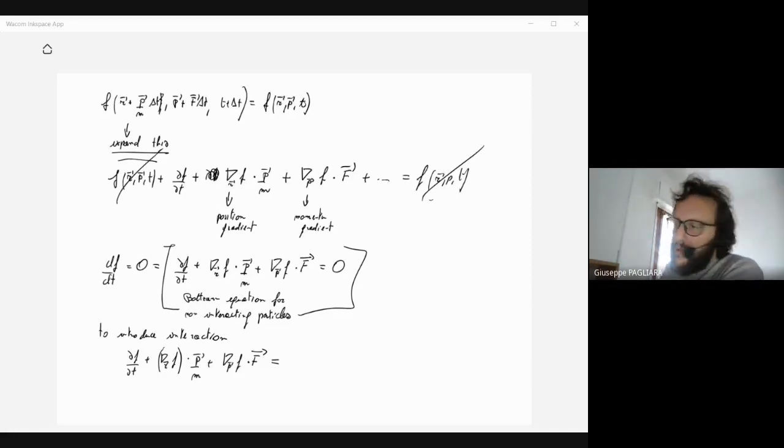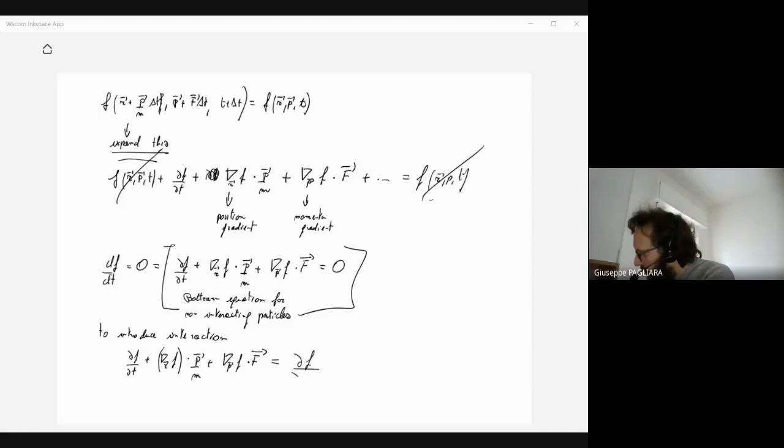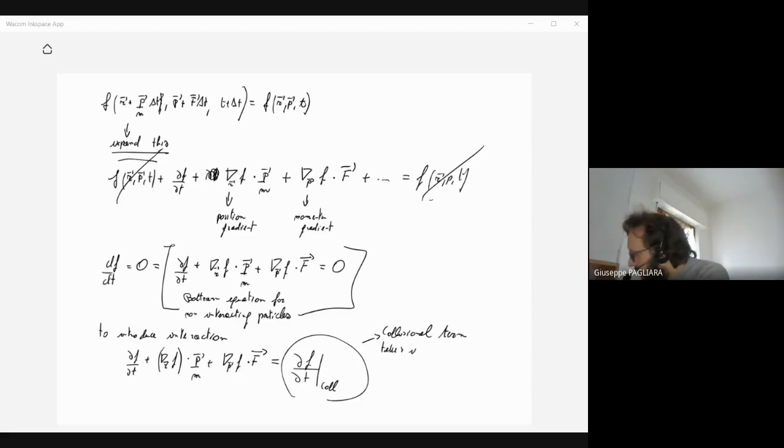We impose, well, Boltzmann imposes that this is now a term which is called the collisional term, df dt col, which is called collisional term. This collisional term takes into account the change of f due to the interaction between particles.